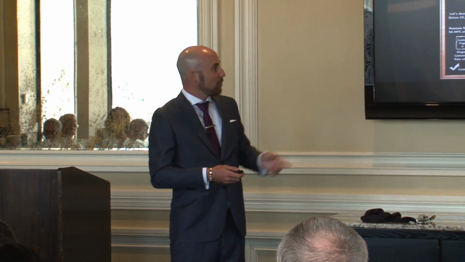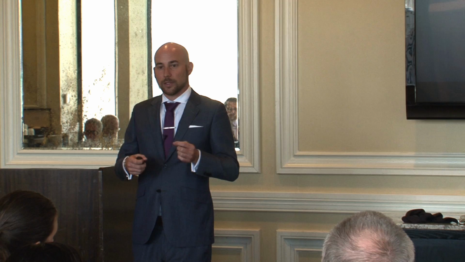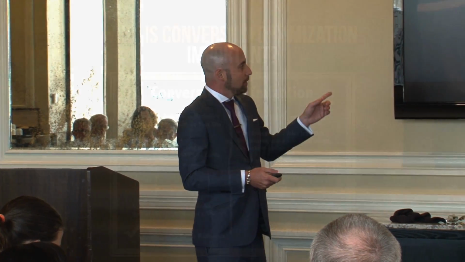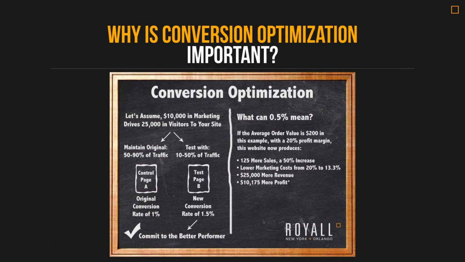Well, in this math problem, if the average order value is $200 or the average donation is $200, and there's a 20% profit margin on this, or you have 20% of your margin that goes towards reinvesting and growing your organization somehow, or 20% that goes back towards your mission, or whatever you might be using that 20% for, the new test page that has a 0.5% increased conversion is 125 more sales or donations, which is a 50% increase over the other.